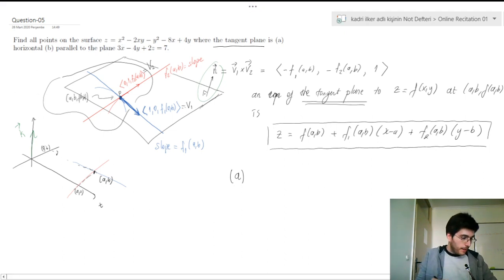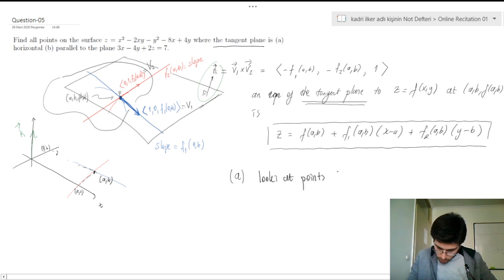Therefore, in part A, it means that we look at points x y such that this normal vector is parallel to this vector, right?